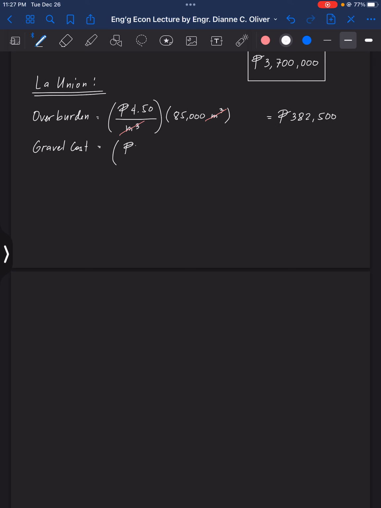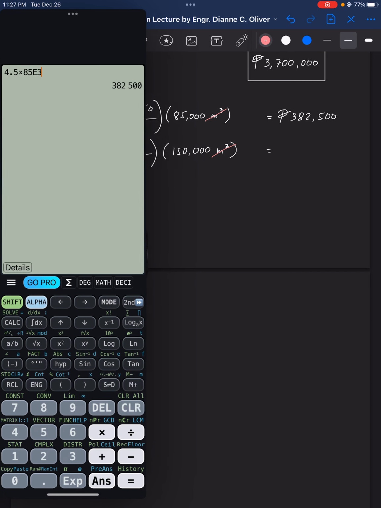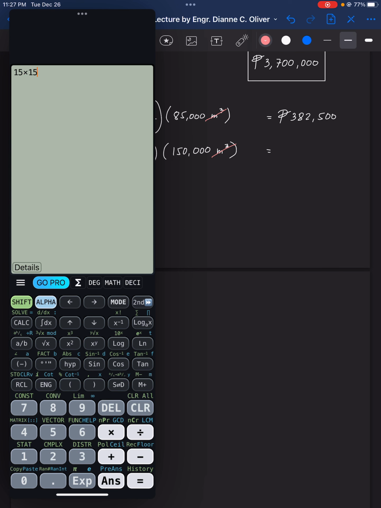And the required volume here is 150,000 cubic meters. So cancel cubic meter. What's left is 15 times 150,000. So that is 2,250,000.